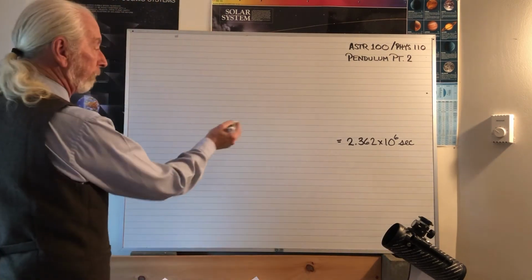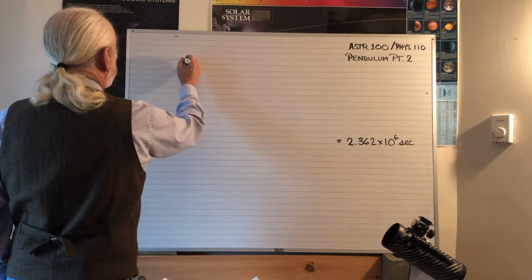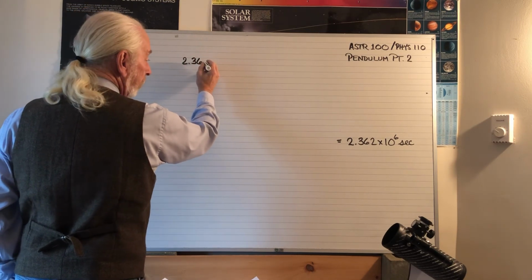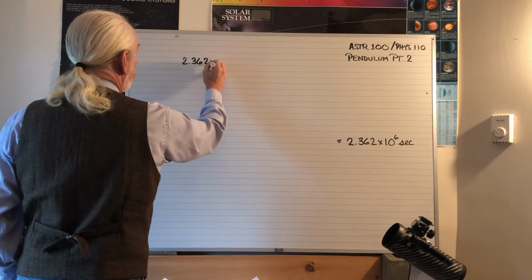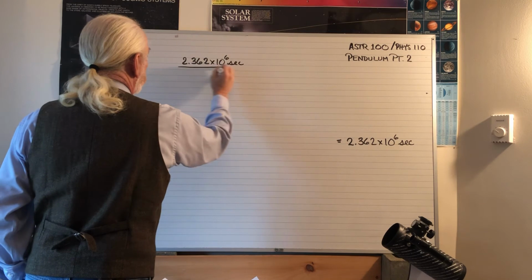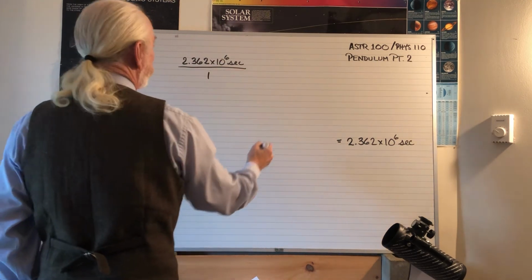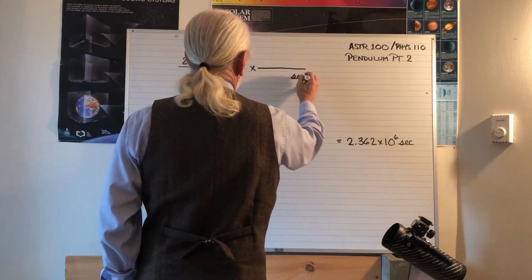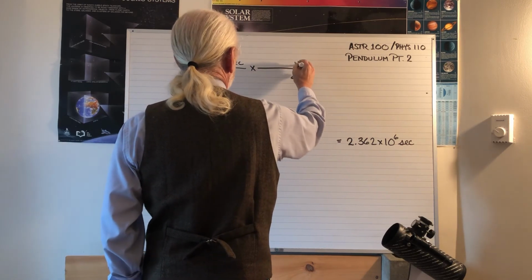So I'll set up my conversion. 2.362 times 10 to the 6 seconds over 1. And now cross cancel seconds and replace seconds with hours.